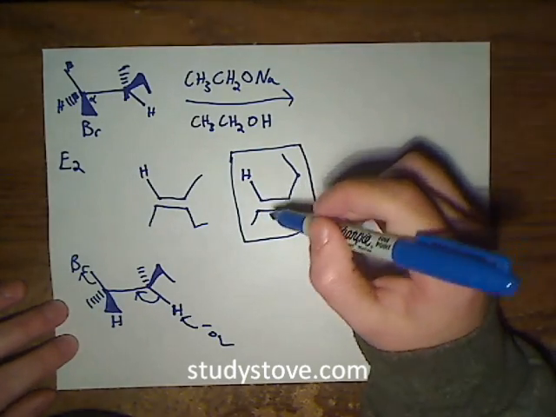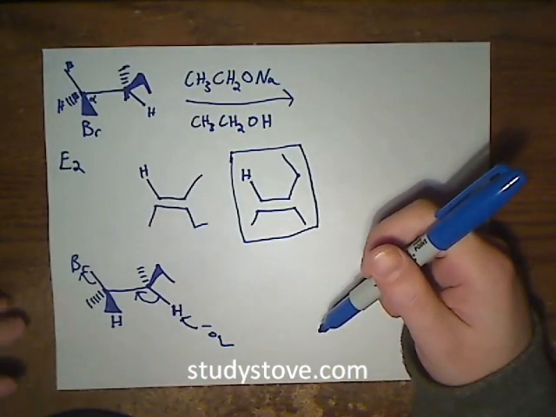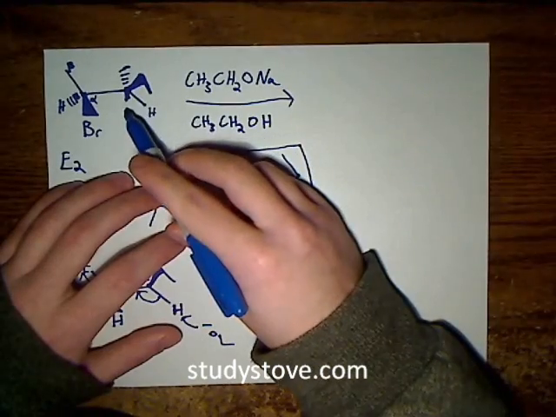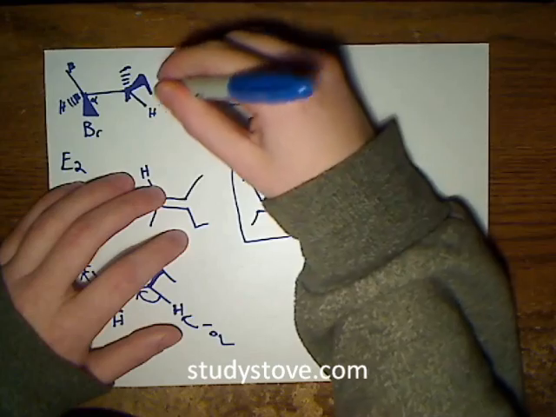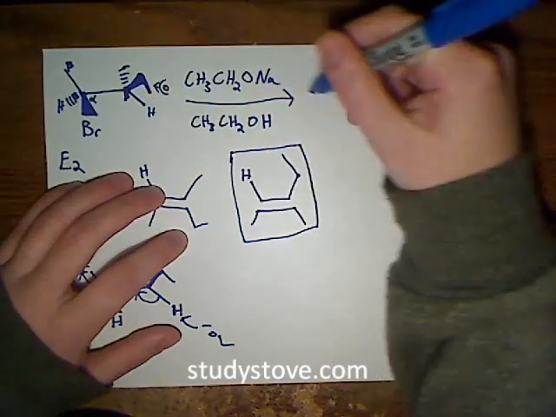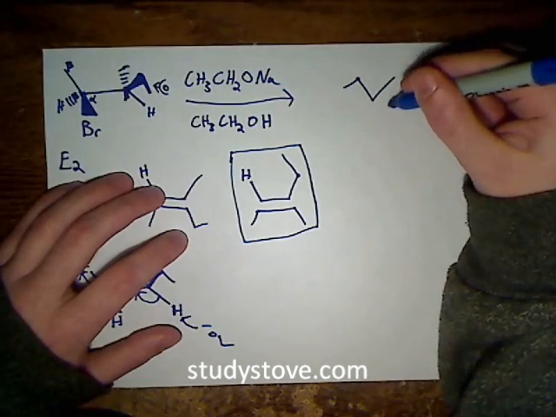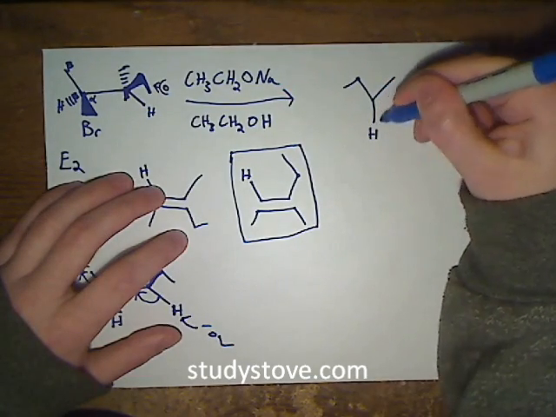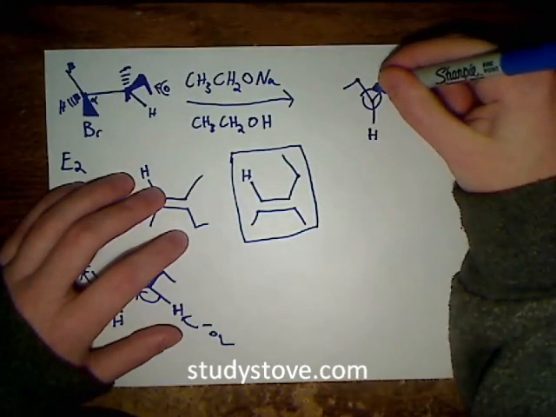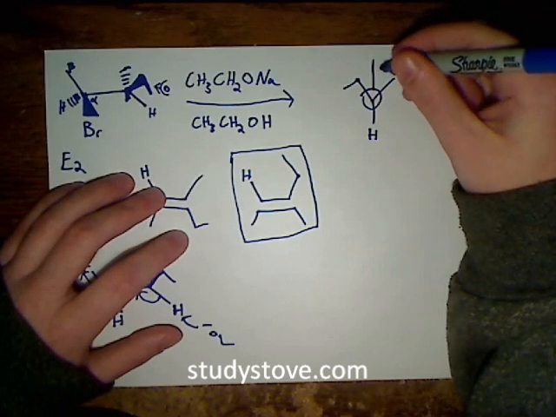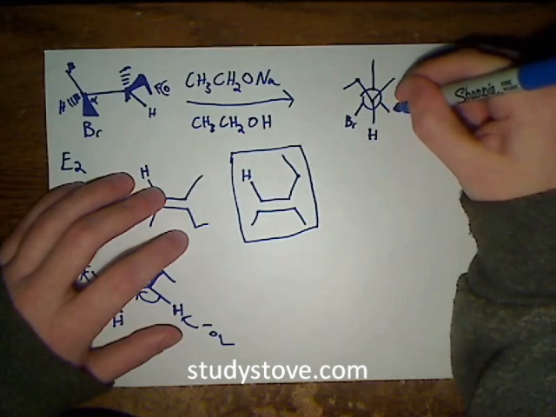If you're not comfortable with drawing them out like this and figuring it out that way, there's another way, which a lot of textbooks do, which is to draw the Newman projection. Just pretend you're an eye looking down this bond axis from right here, and what you would see is the ethyl group on your upper left, a methyl on your upper right, and your hydrogen. Then on this carbon behind it, you would see a methyl group straight above, bromine on the lower left, and a hydrogen on your lower right.